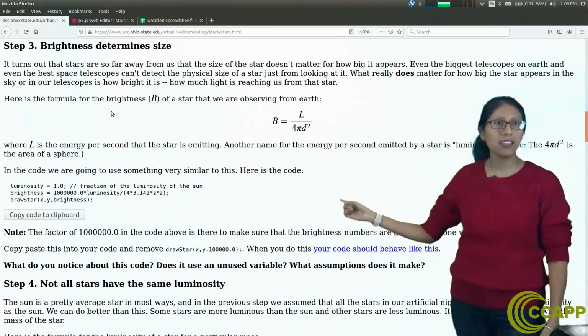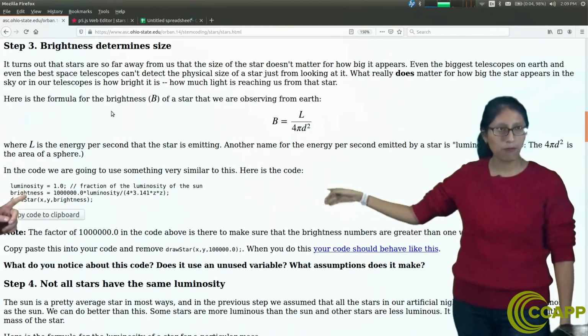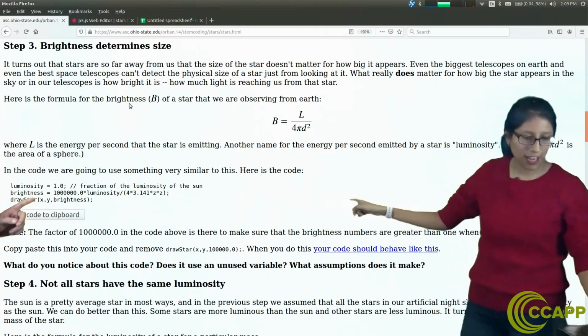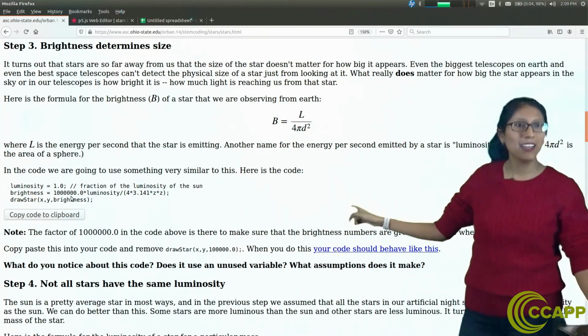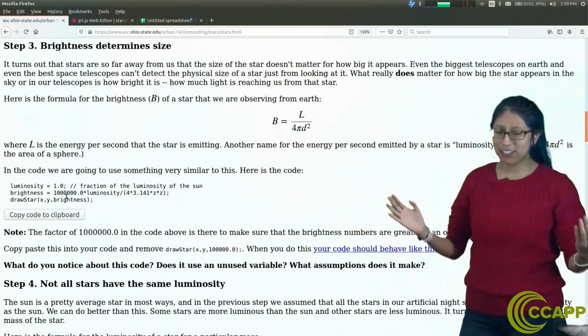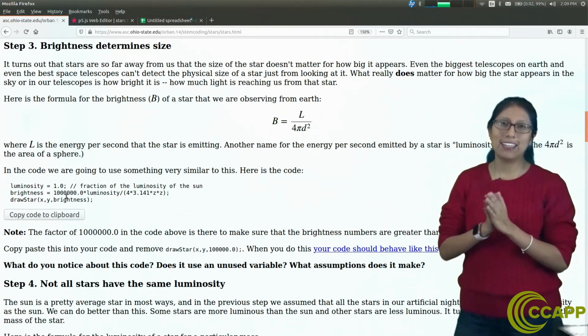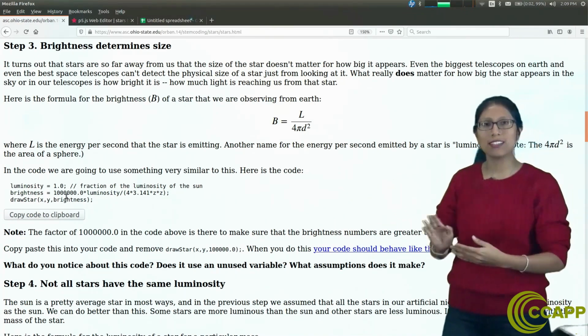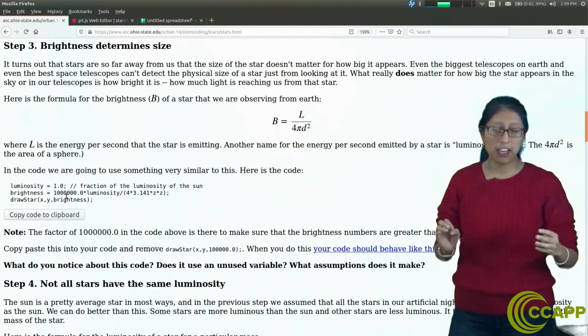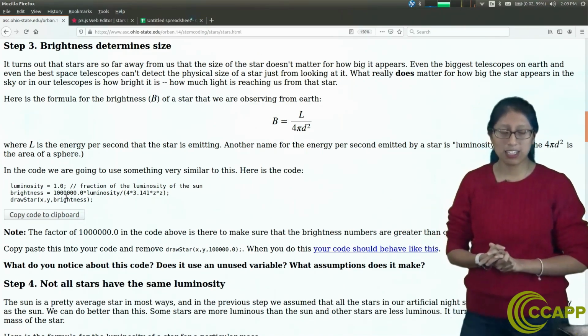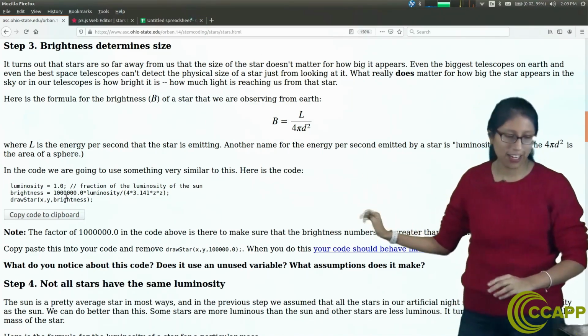Then in the second line of code, where we have brightness, we have this factor that says 1 million. Now this factor is just there so that we can compare the different brightnesses that we generate easier later on in the Excel sheet. So don't worry too much about that factor.